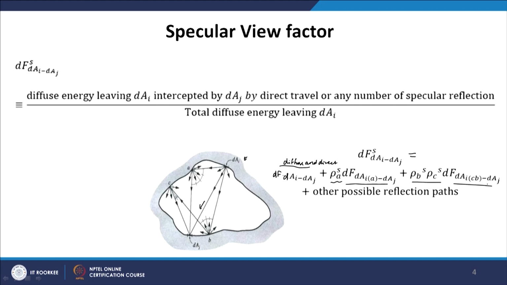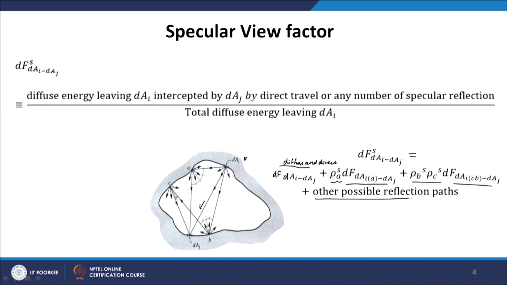All these view factors are diffuse view factors and we have not used any superscript s, while the view factor on the left hand side is the specular view factor and we have used the superscript s. We may have other possible reflection paths also, but in this particular picture we have only 3 paths: direct, single reflection from A, and double reflection from B and C respectively.